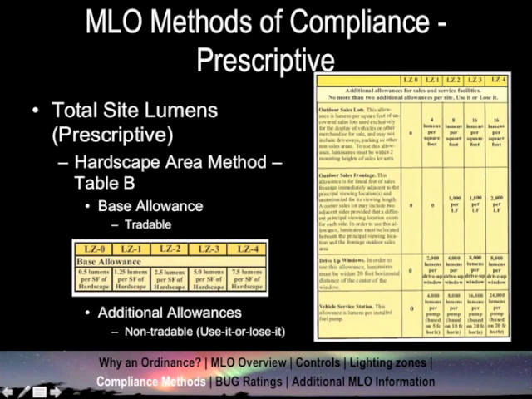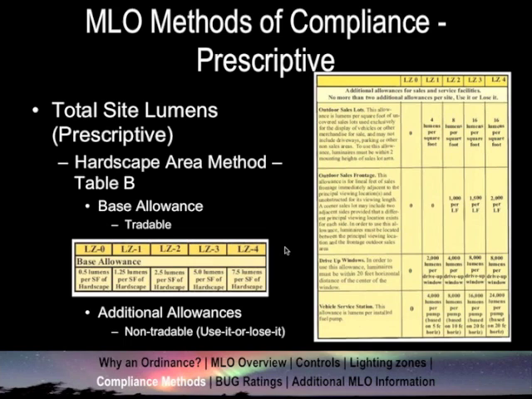And here, what is shown is that we've got the different lighting zones and a base allowance. And this base allowance is how many lumens per square foot of hardscape. And we use the per square foot of hardscape, realizing that you may get that already in your application when the applicant's doing a drainage plan and they're trying to figure out how much hardscape there is.